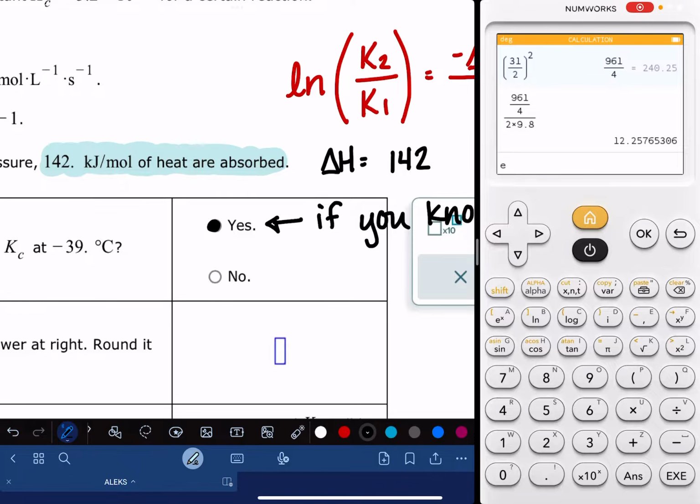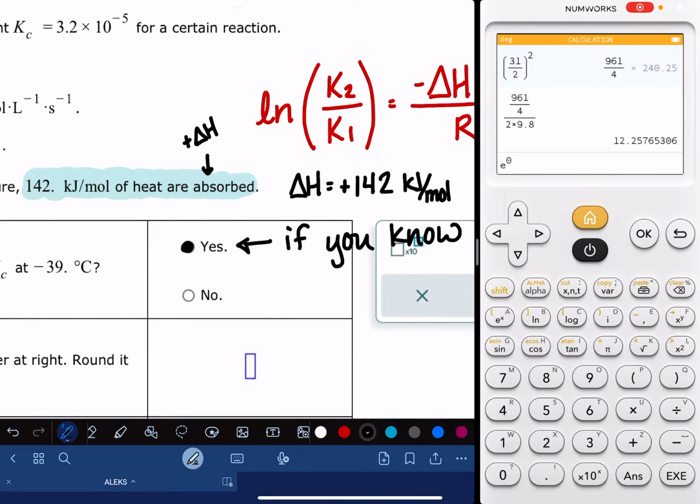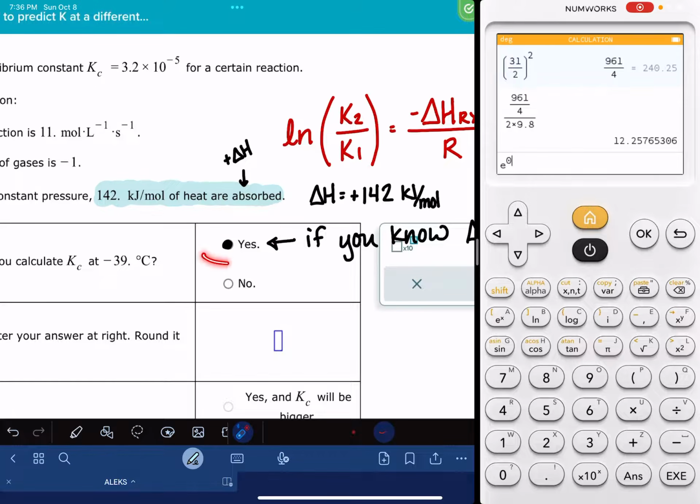It says that it is being absorbed, which means that it is positive delta H. So absorbed means positive delta H. If it was saying it was released, that would be negative delta H, and those units are going to be kilojoules per mole.